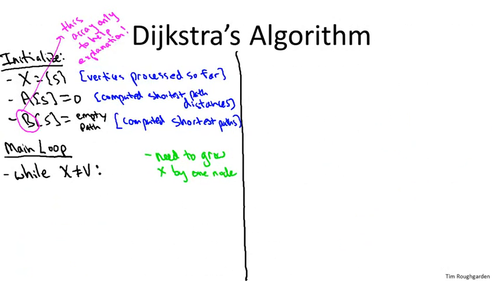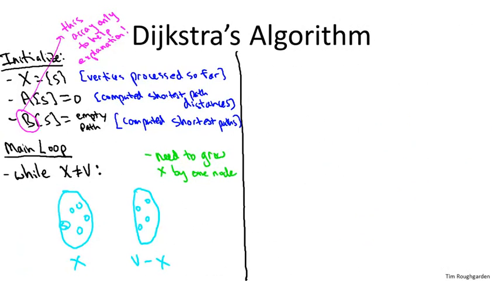And now, as we've seen in our graph search procedures, there are edges crossing this cut. There are edges which have one endpoint in each side, one endpoint in X and one endpoint outside of X. This is a directed graph, so they can cross in two directions. They can cross from left to right, or they can cross from right to left. You might have some edges internal to X. Those are things we don't care about at this point. You might have edges which are internal to V minus X. We also don't care about those, at least not quite yet.